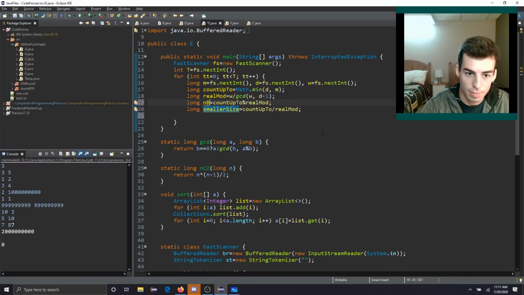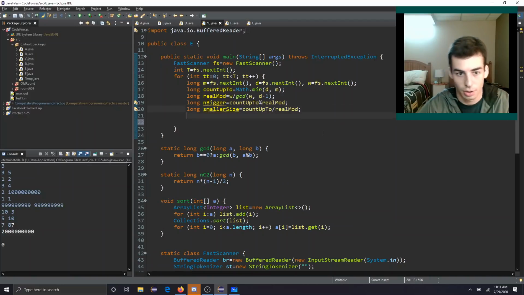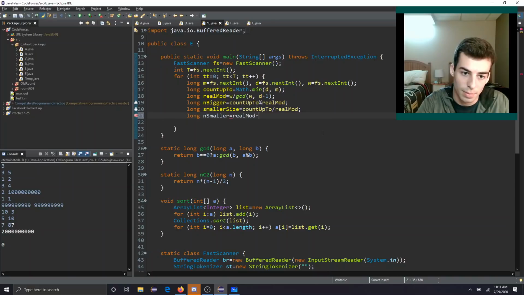So this is the n bigger, really. Yeah, okay. So now long n smaller will be just real mod minus n bigger.